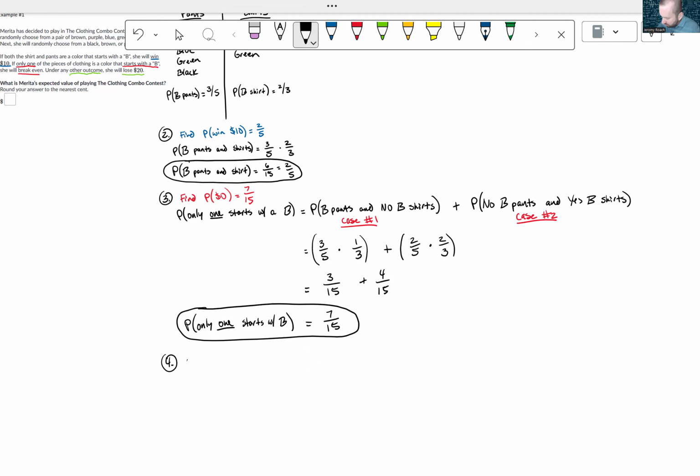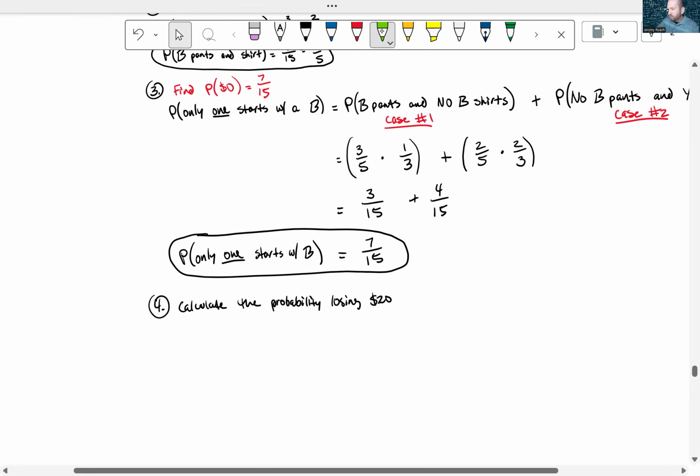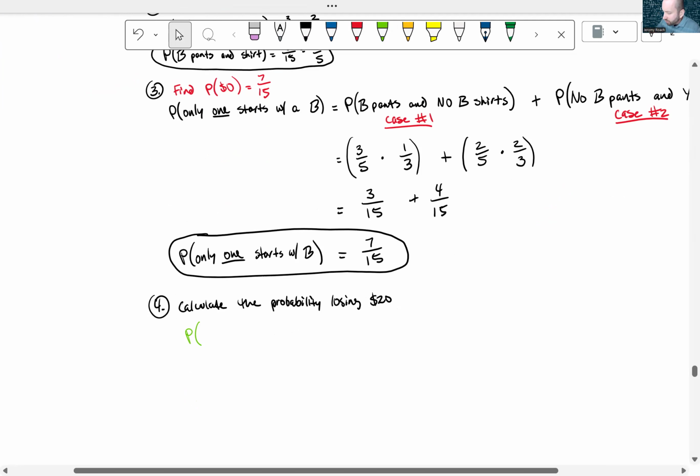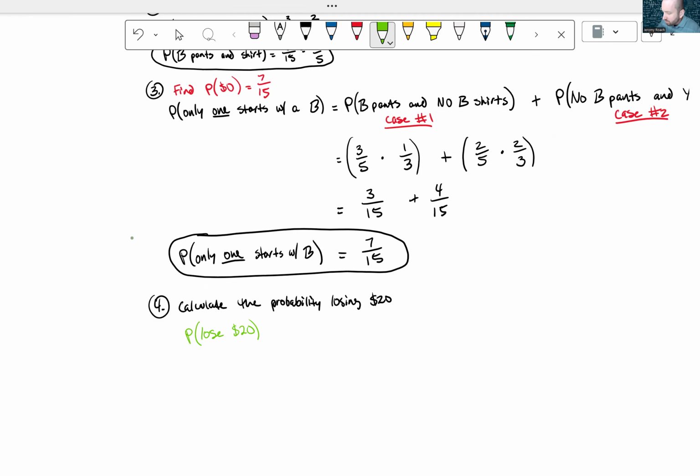So to lose $20, I'm just going to write this in green. I'm going to say probability of losing $20, just trying to keep all my notation the same. And we'll calculate what that is.